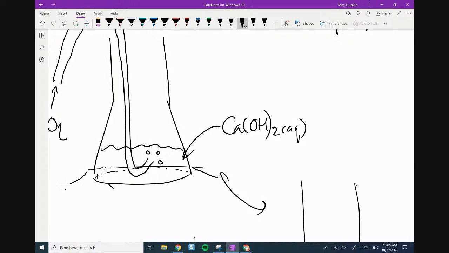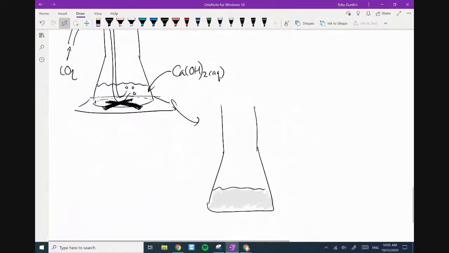And on that piece of paper, I'm going to draw a nice dark black cross. Now, as this becomes more and more cloudy, the cross is going to disappear. Sorry about the quality of my diagrams, folks. I do apologize.